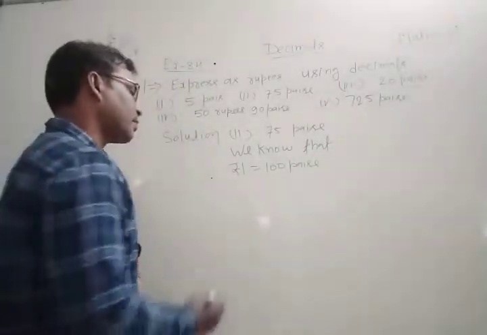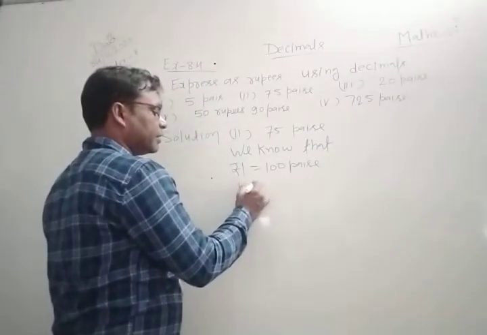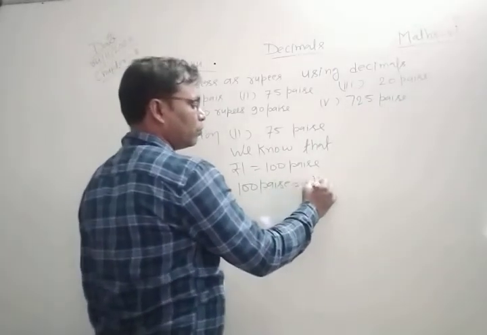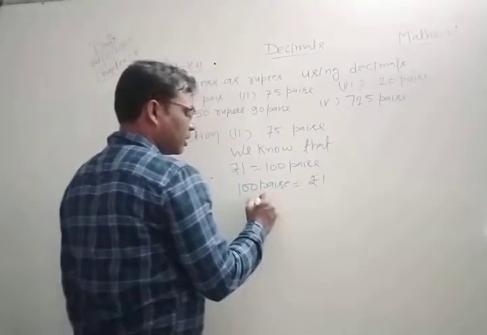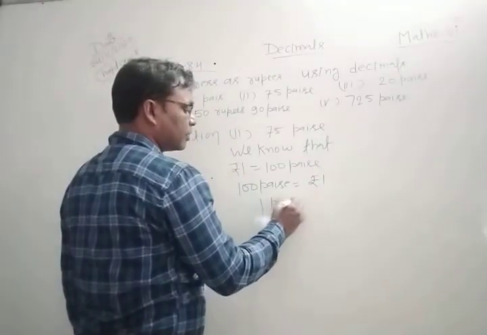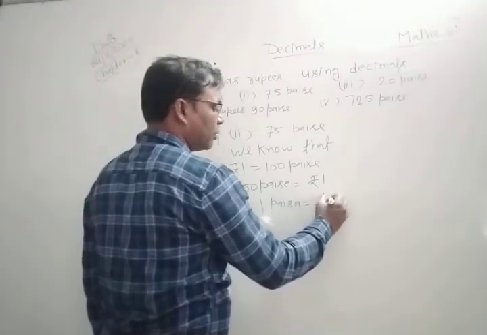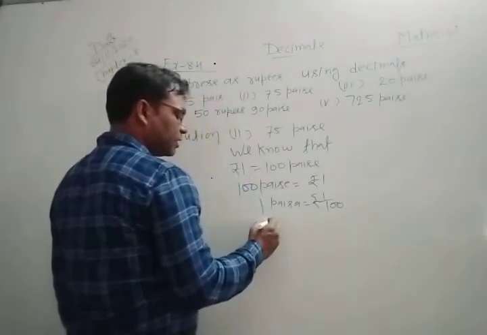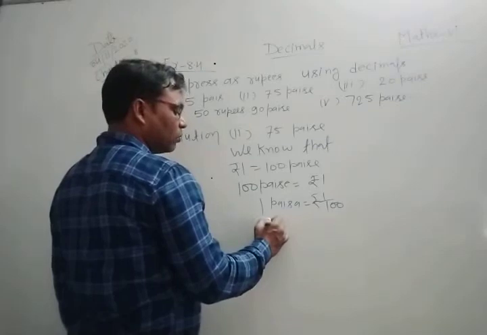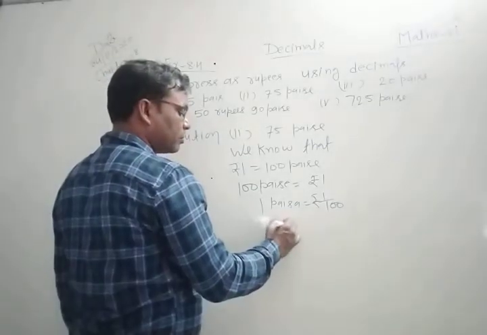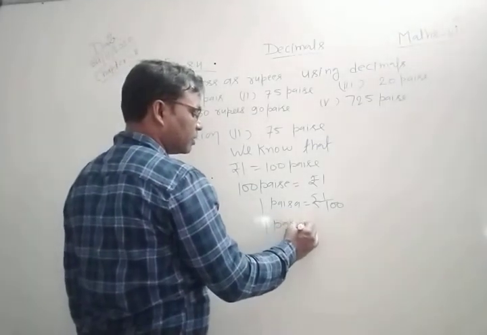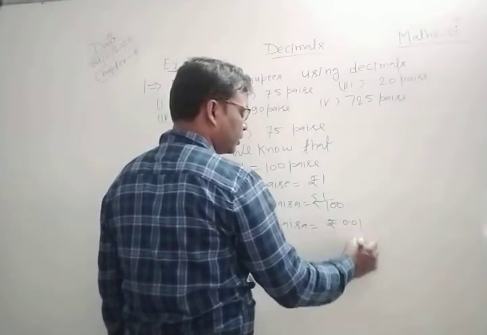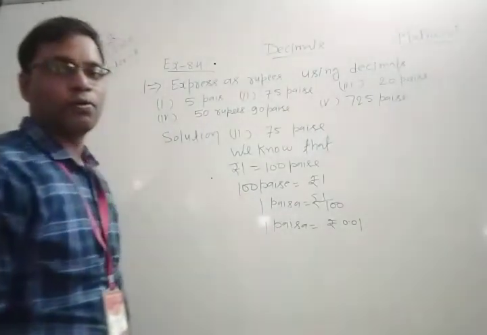Or 100 paise is equal to 1 rupee, or 1 paisa is equal to 1 by 100 rupees, or we can simply say that 1 paisa is equal to rupees 0.01.